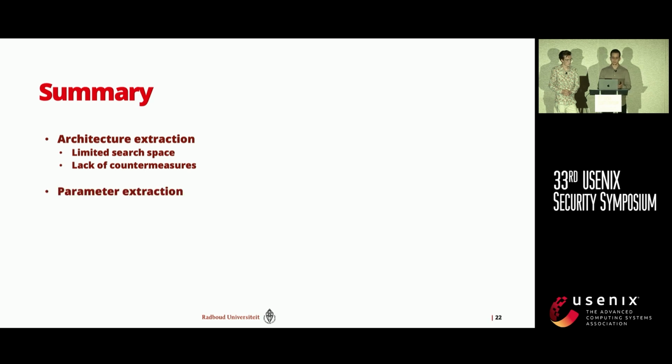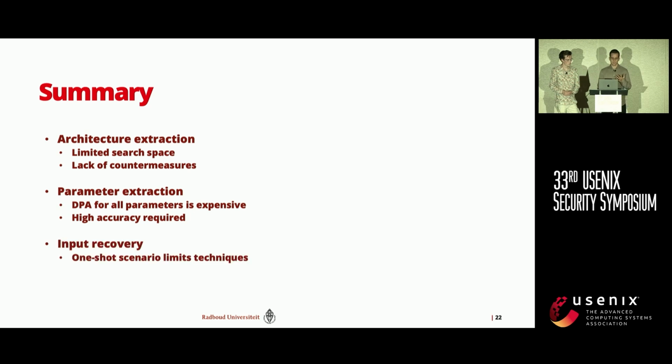For parameter extraction, it can be an expensive attack. The larger the model, the more expensive it is, and the more time it takes. And as we've shown in our experiment, the accuracy of the DPA has to remain high in order to get a functional model.